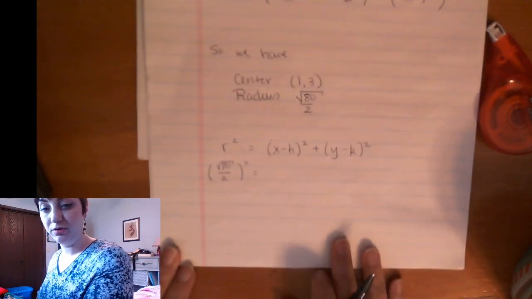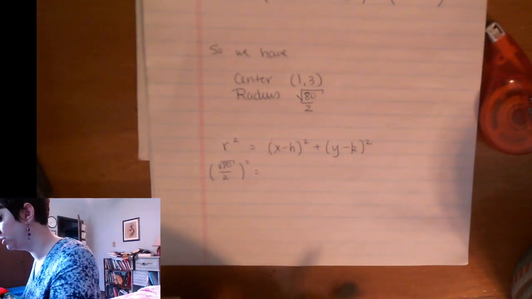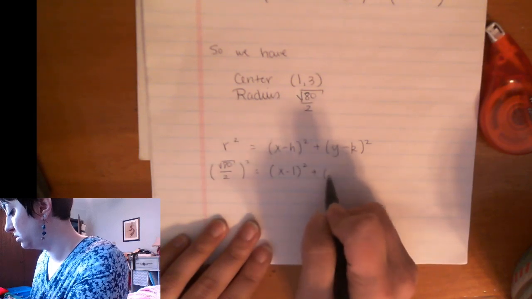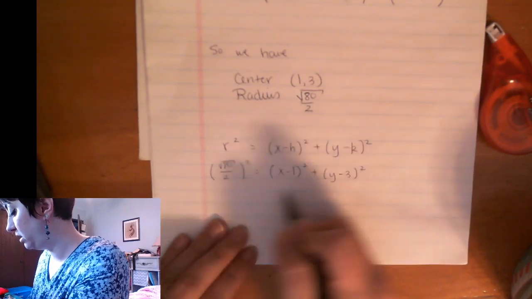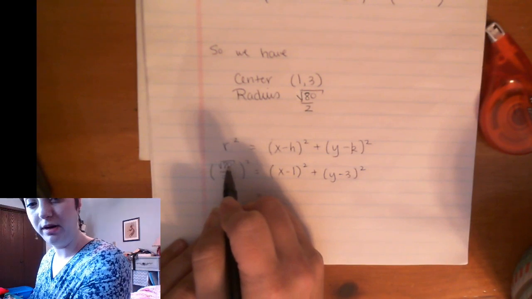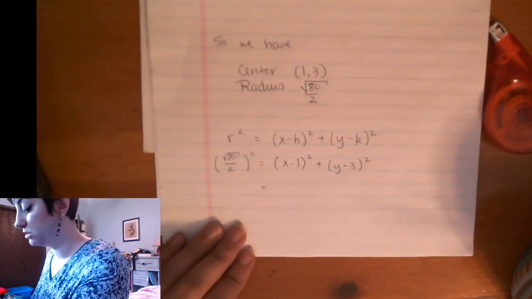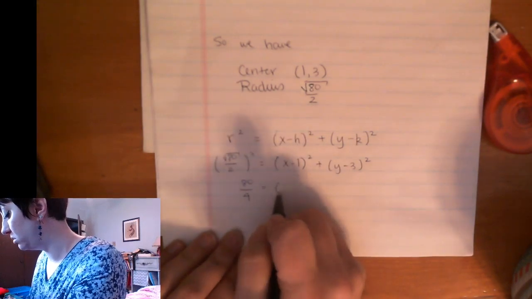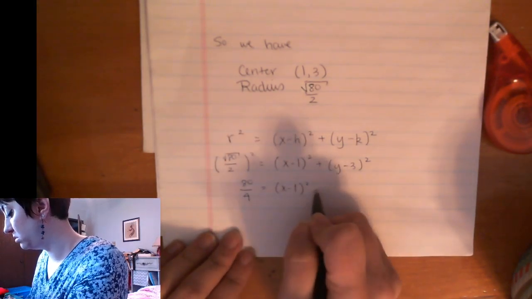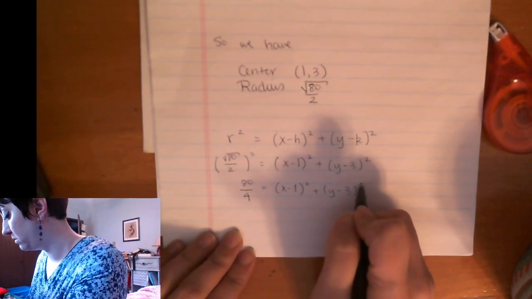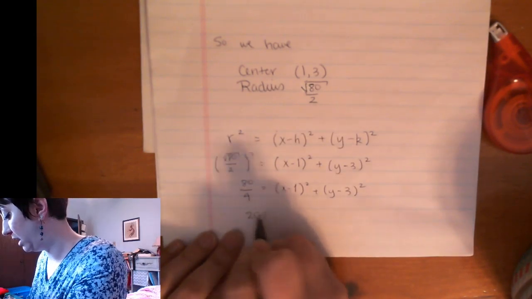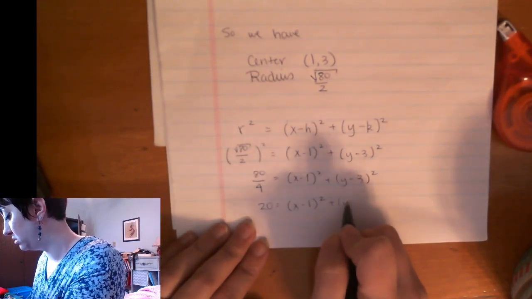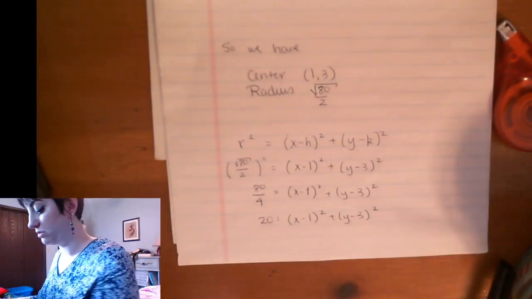So square root of 80 over 2 quantity squared, x minus 1, y minus 3. So you square each of these, right? Square root of 80 squared is 80, 2 squared is 4. So I get 20 is x minus 1 squared plus y minus 3 squared.